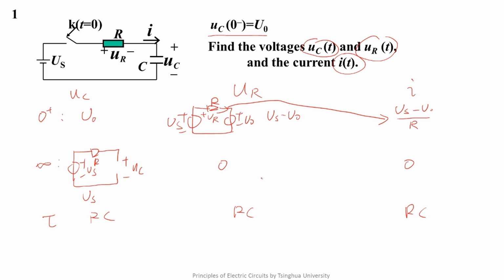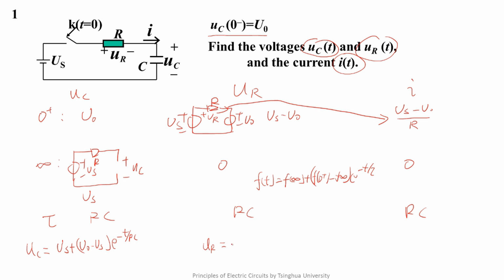You should remember the expression of any branch variable of a first-order circuit is the steady-state value plus the 0+ value minus the steady-state value, multiplied by e to the power minus t over tau. So UC equals US plus (U0 minus US) multiplied by e to the power minus t over RC.